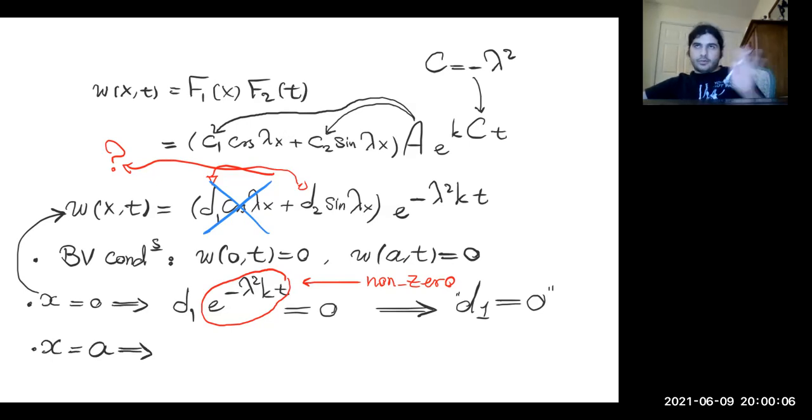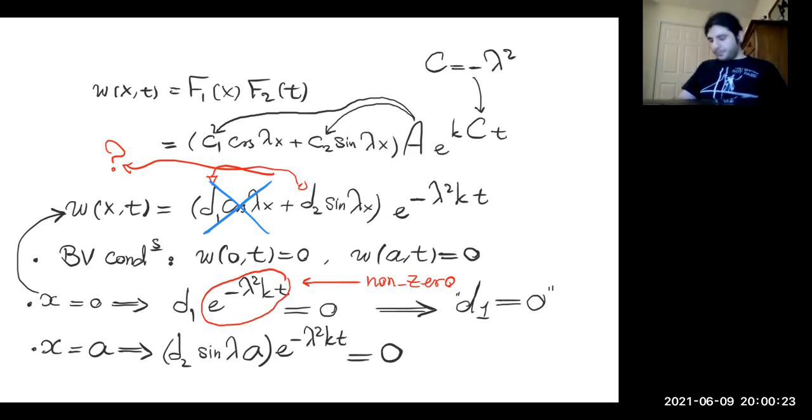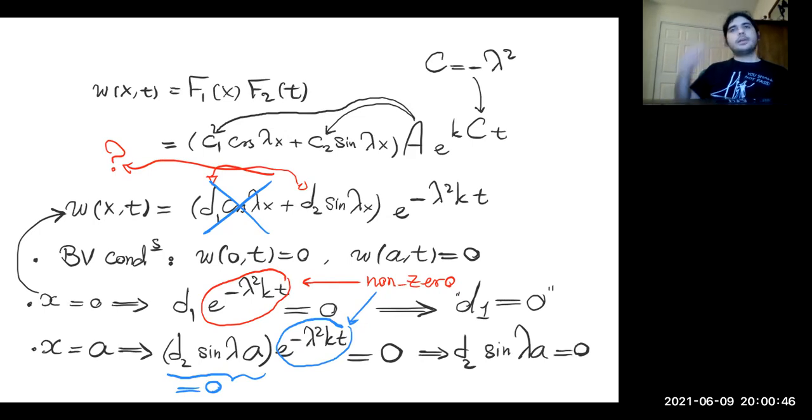There is no d1 anymore, so d2 sine of lambda a times e to the minus lambda squared kt should be equal to 0. That's what our second boundary condition tells us. Again, we know this exponential term, e to anything, is non-zero. So the other term which we have here should be equal to 0. Therefore, d2 sine of lambda a should be equal to 0. Is there any question here?